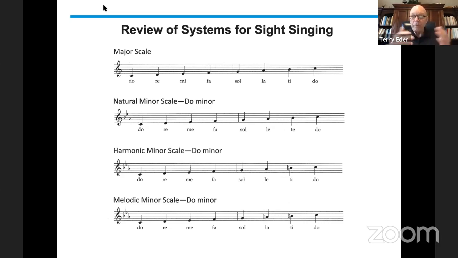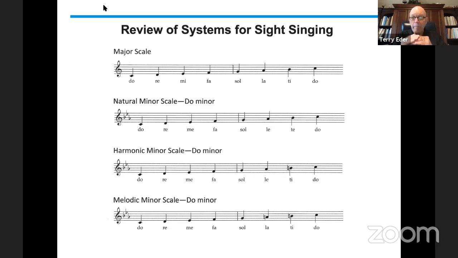But if you've got a piece that's all in minor, it's not changing key or anything like that, then do minor for me makes all the sense, because do and sol are always the same, re and fa are always the same. Mi from the major scale changes a half step lower to me, as you can see there.